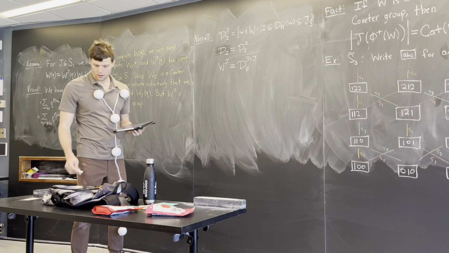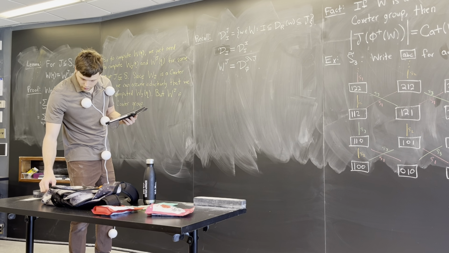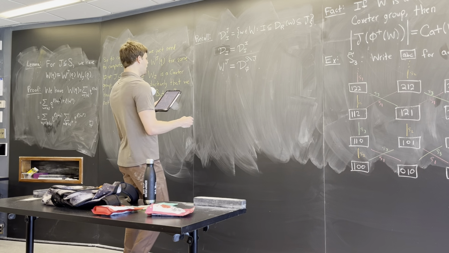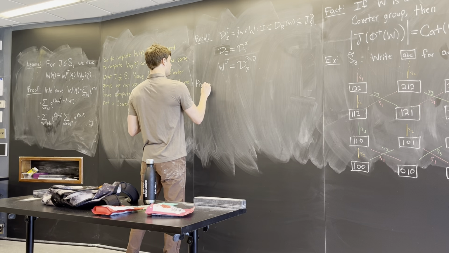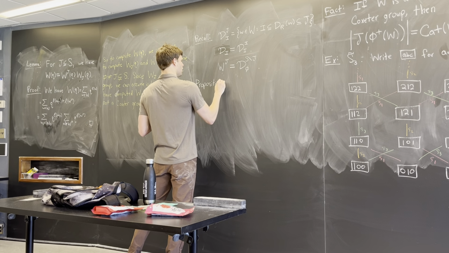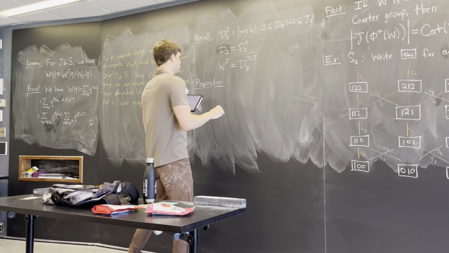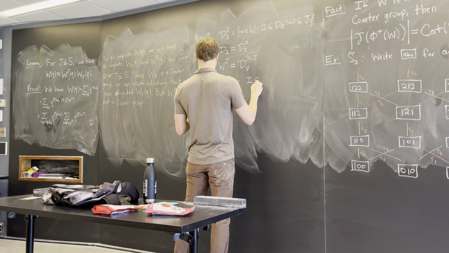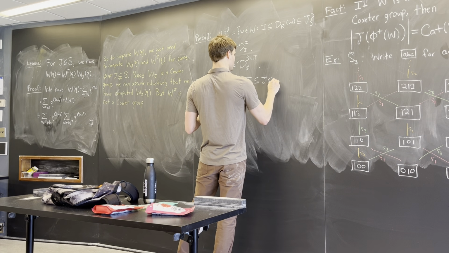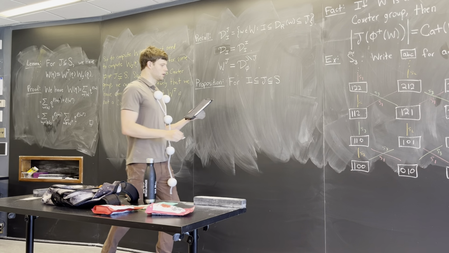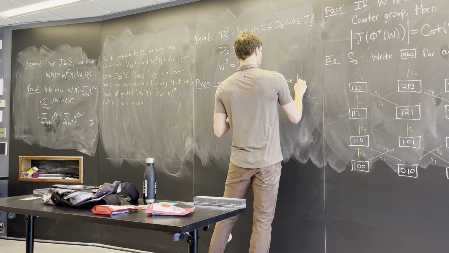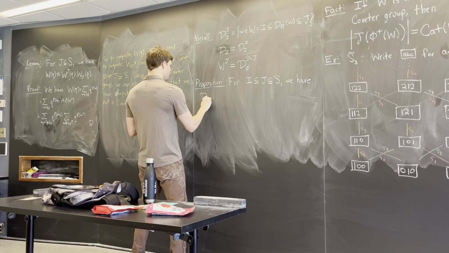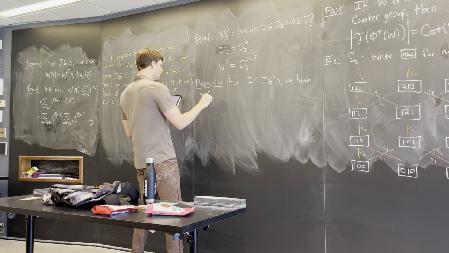So here's a proposition. If I is contained in J, the subset of the set of simple reflections, then we can write d sub I superscript J of q.